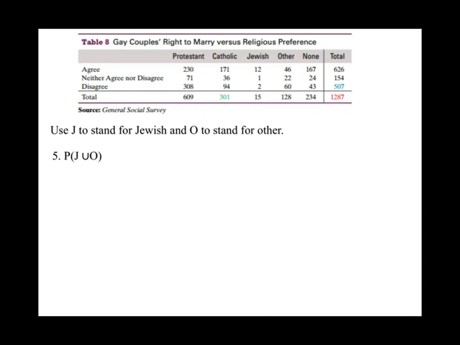Last one, use J to stand for jurors and O to stand for other. I want to find the probability of J or O. This is or again, so you need to think about whether these two events are mutually exclusive or not. When we have the chart here, we're going to circle it.